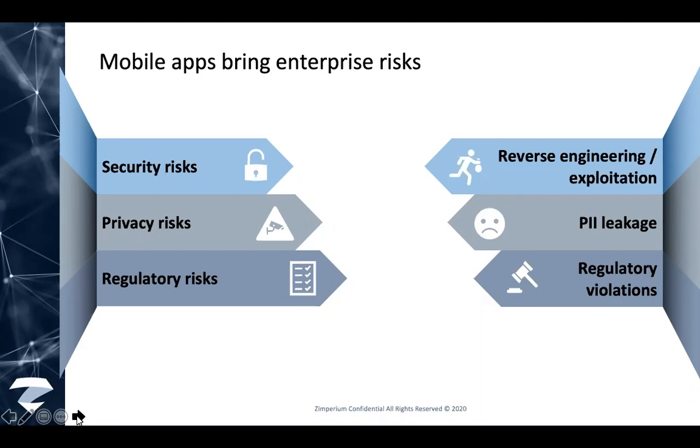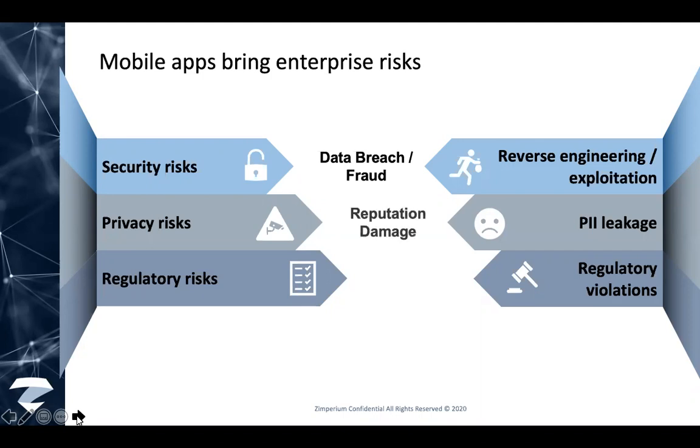Examples of security risks are things like reverse engineering and exploitation. We're going to be talking about some of those. If some of those things occur, you can have data breaches and fraud, for instance. There are privacy risks in apps, including leaking PII. Some of this is related as we get down to the regulatory side, GDPR, CCPA in California, et cetera.